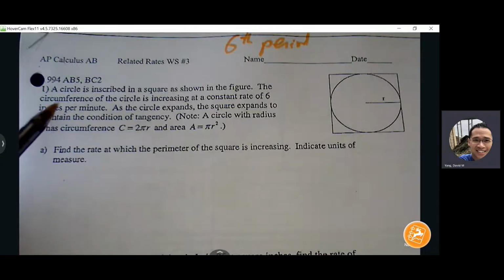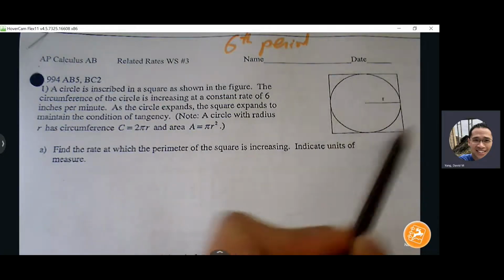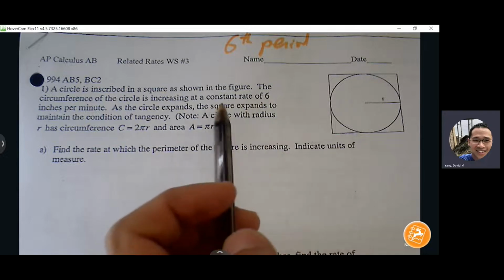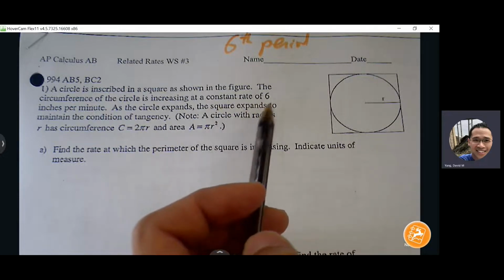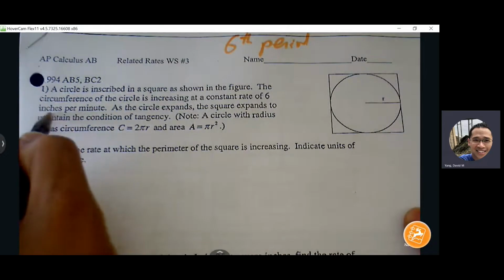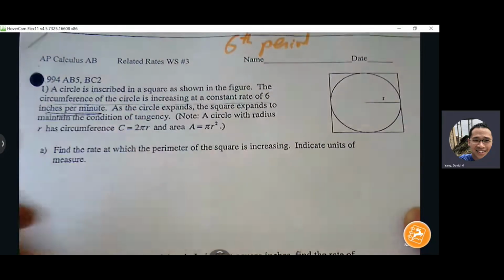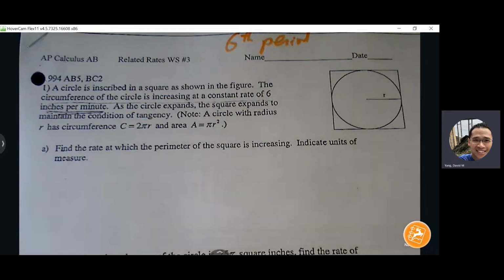Okay, so let's read number 1 here. A circle is inscribed in the square as shown. So here's my circle inscribed inside the square. The circumference of the circle is increasing at a constant rate of 6 inches per minute. Can we just read this and decide what that's referring to? Or what variable can we call that?